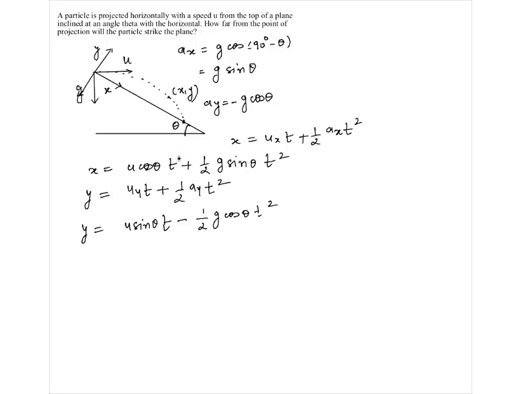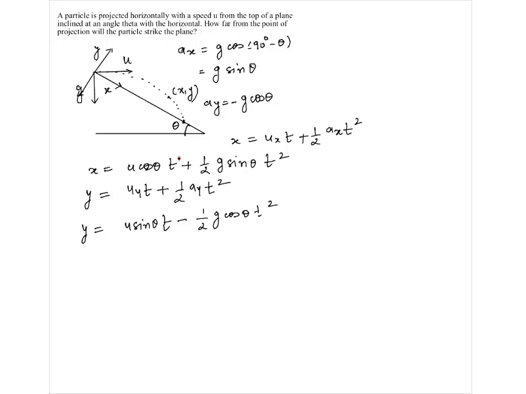Look at displacement along the y direction. Do you find any displacement along the y direction? There is no displacement along the y direction. The y direction is perpendicular to the inclined plane.